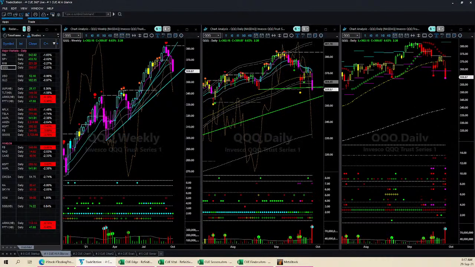QQQ broke below trend line support, but is already significantly below the swing high, below lower boundary, below expected move. Too late to short.